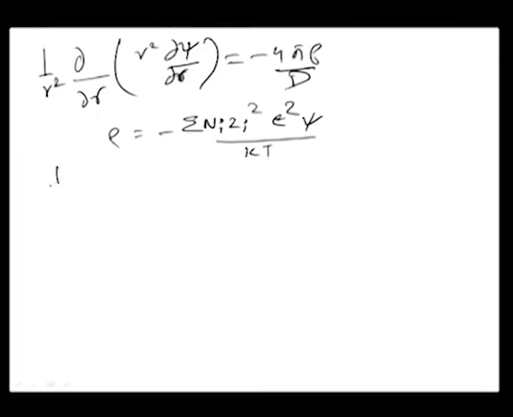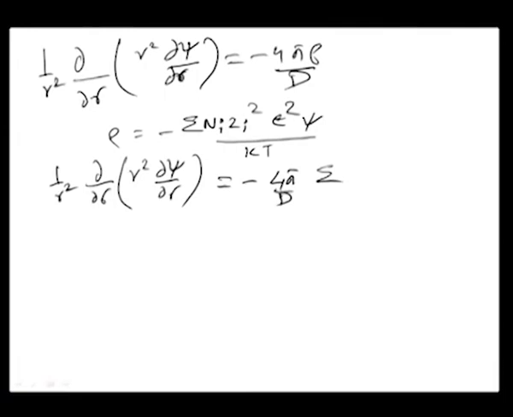So this can be represented as 1 by r square del by del r of r square del xi by del r equals minus 4 pi by d, and the minus goes away, n i z i square epsilon square xi by kT.